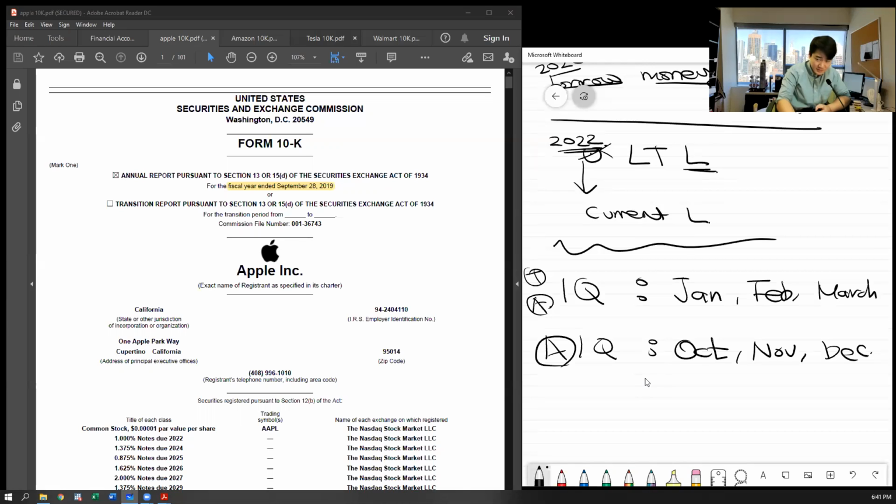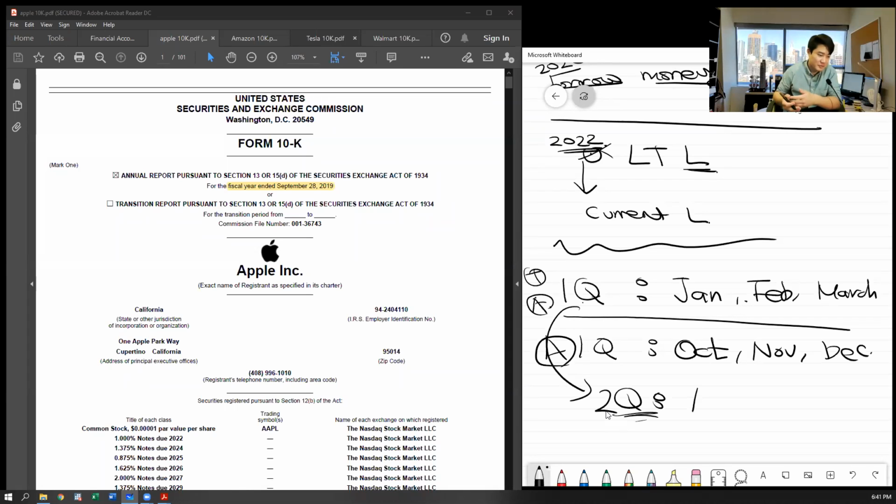So whenever you're comparing the performance between Apple and Tesla, for example, you have to compare the first quarter of Tesla or Amazon with the second quarter of Apple in order to compare the performance for the same period.